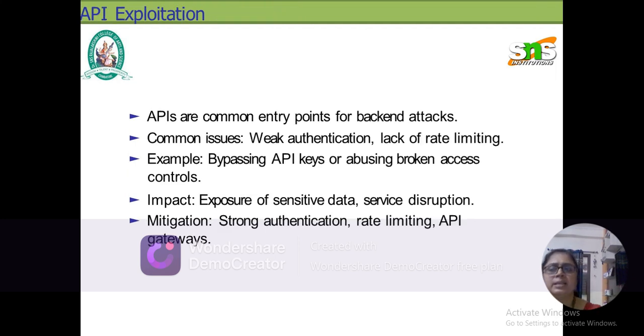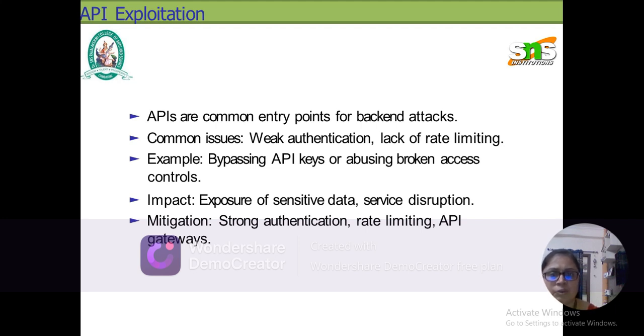Next is API exploitation. What is this? APIs are one of the common entry points for backend attacks. It refers to identifying and exploiting vulnerabilities in application programming interfaces.